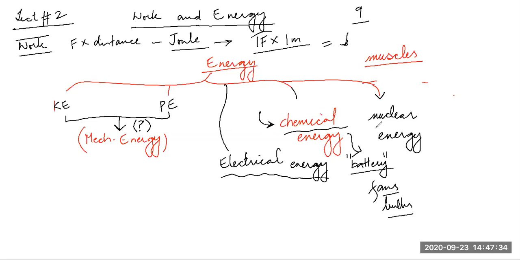Nuclear energy. Examples of nuclear energy: nuclear bombs, hydrogen bombs, atomic bombs, a lot of energy. Elements like uranium and thorium, heavy elements, have a lot of nuclear energy. So we have so many types of energy.